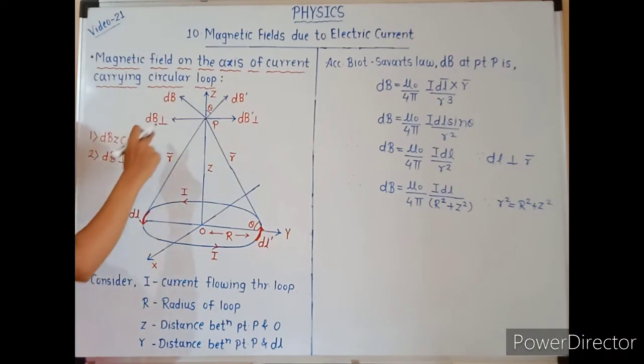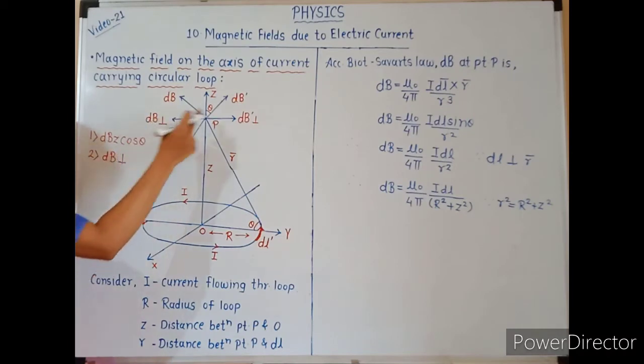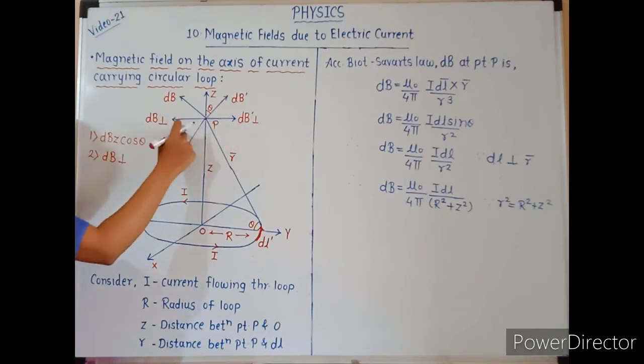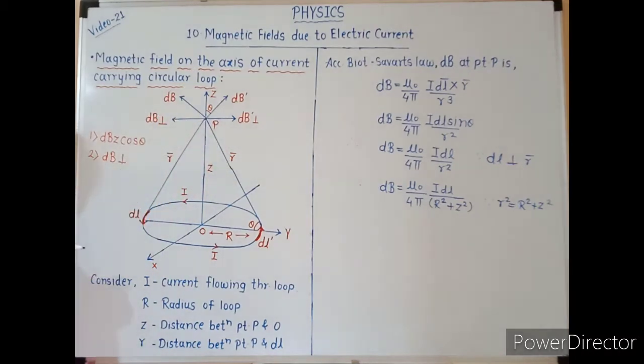Because these two are in opposite directions, we have to consider only the component dB cos theta.